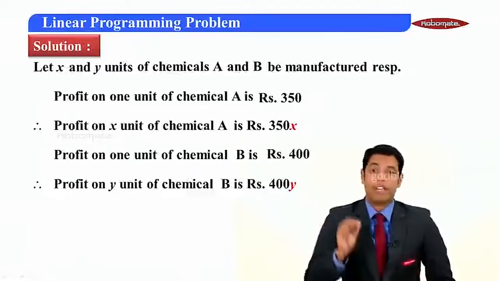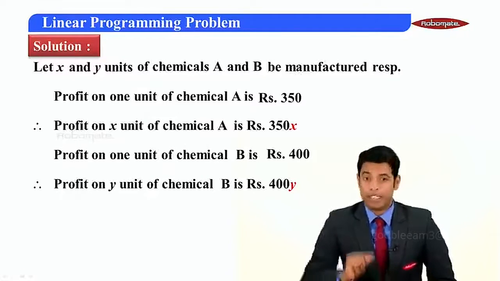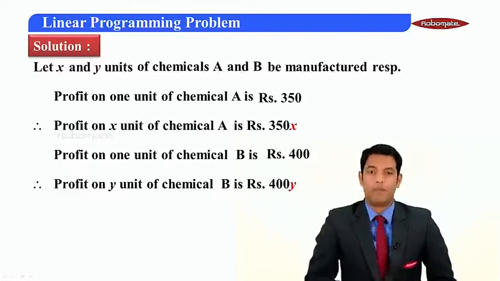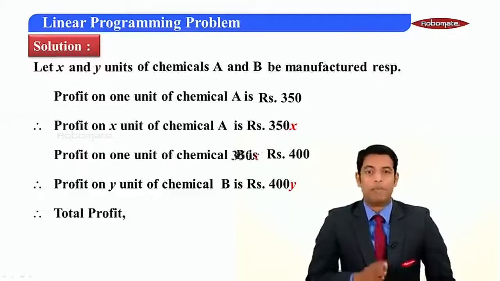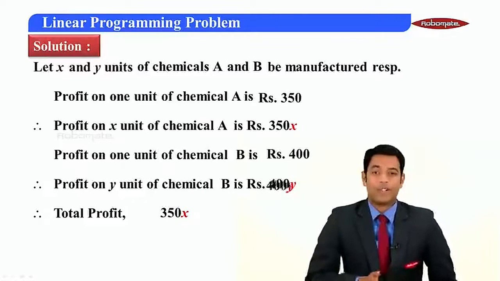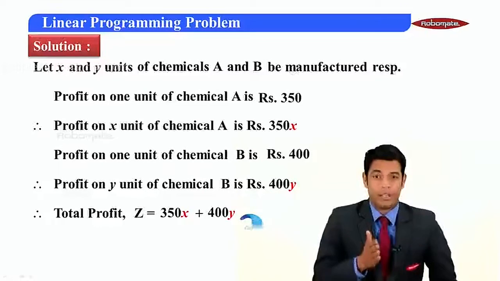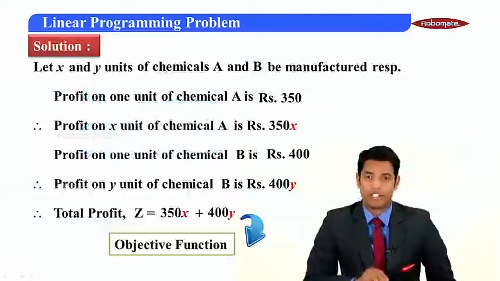So on Y units of chemical B, the company will make a profit of rupees 400 multiplied by Y. So the total profit made by this company will be 350x plus 400y. Let's denote this by capital letter Z, and this is our required objective function.